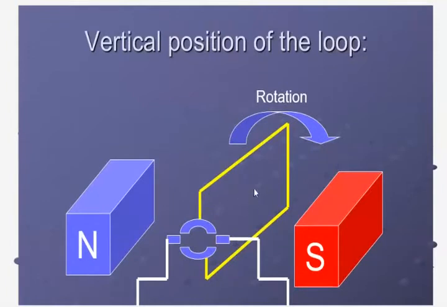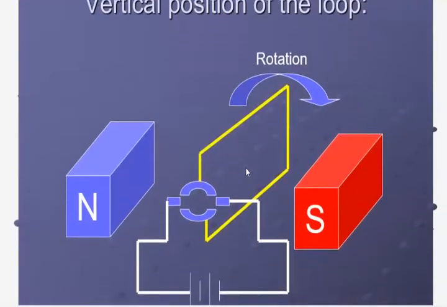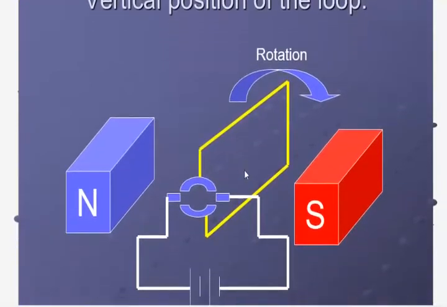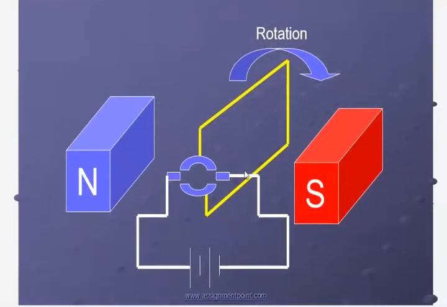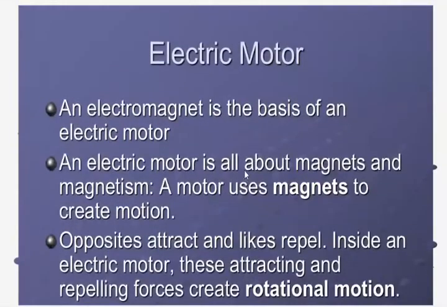So due to inertia, it keeps on moving, rotating, and again as soon as its vertical position changes, again net turning effect comes into play, and so there is a continuous turning taking place in the coil, and hence continuous mechanical energy is produced by continuous supply of electrical energy. So that was the brief theoretical description or explanation of electric motor.